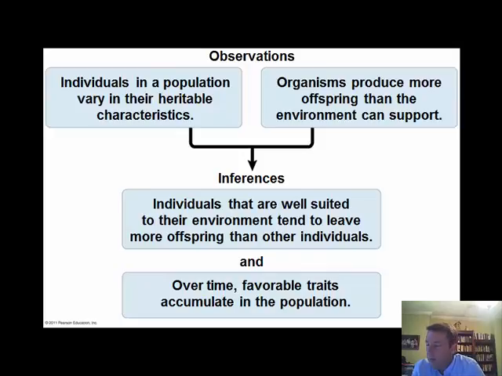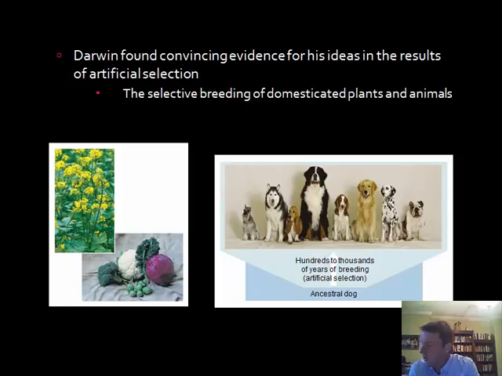So these are the ideas behind natural selection, the idea that individuals are being selected based on the traits that they have. And then over time, the traits will vary in that population. Okay, so that's natural selection.